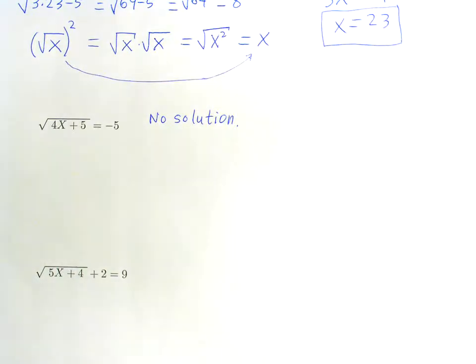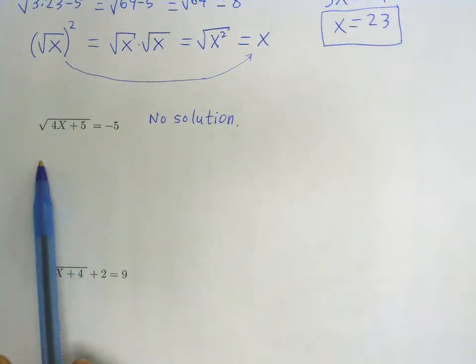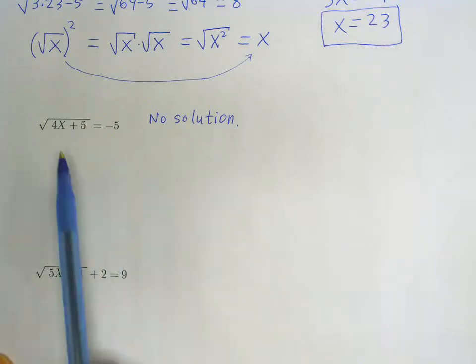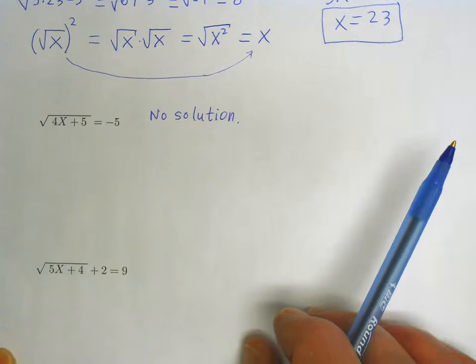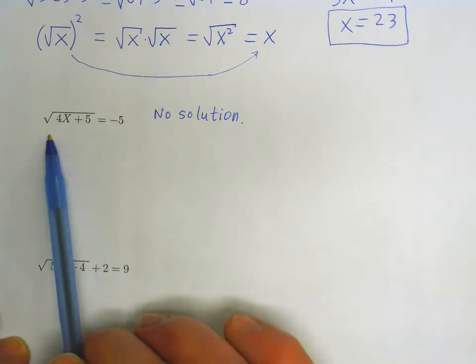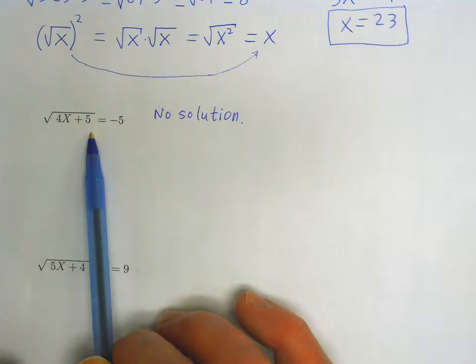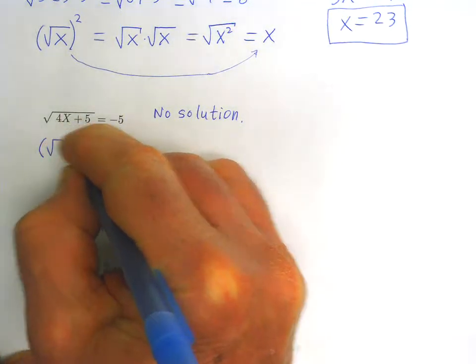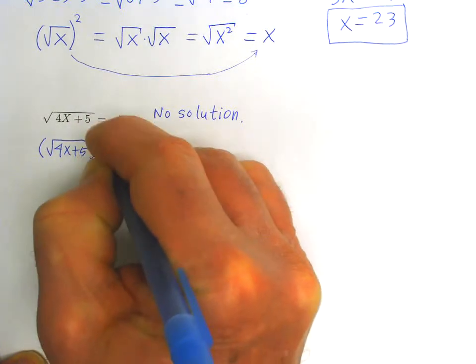Okay, well, what happens if you don't recognize that it has no solution? If you go through the same process, then you'll still be able to determine that there's no solution. It will just be a lot of extra work. But let's go through that. Since we have the square root of 4x plus 5 and we want to solve for x, we're going to square both sides. So we're going to square the square root of 4x plus 5.